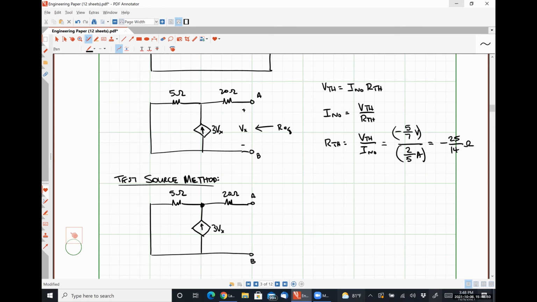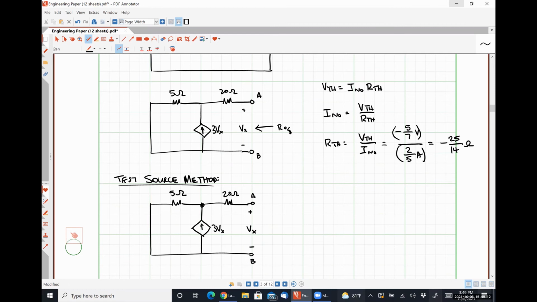This is exactly what I talked about the other day during the review session when that student asked about a resistor combination that couldn't be solved using traditional resistor combination techniques. So let me make sure that I remember to include that voltage source Vx here.